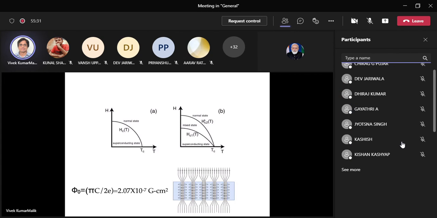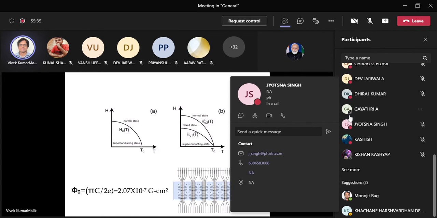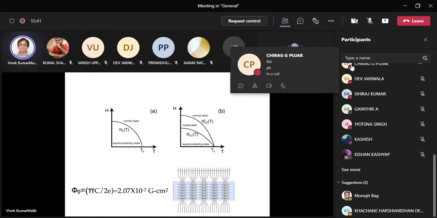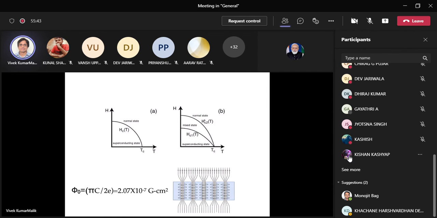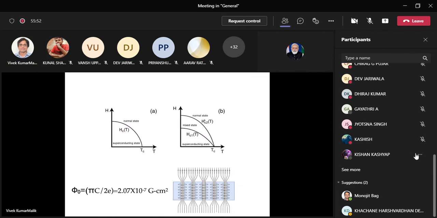Usually for these type 2 superconductors, the Hc2 values are very high. So these type 2 superconductors are actually used to make high field magnets, because they can sustain very high magnetic fields, but you still have to cool them to very low temperature. That's why in MRI machines, liquid helium is used to keep these superconductors below a certain temperature.